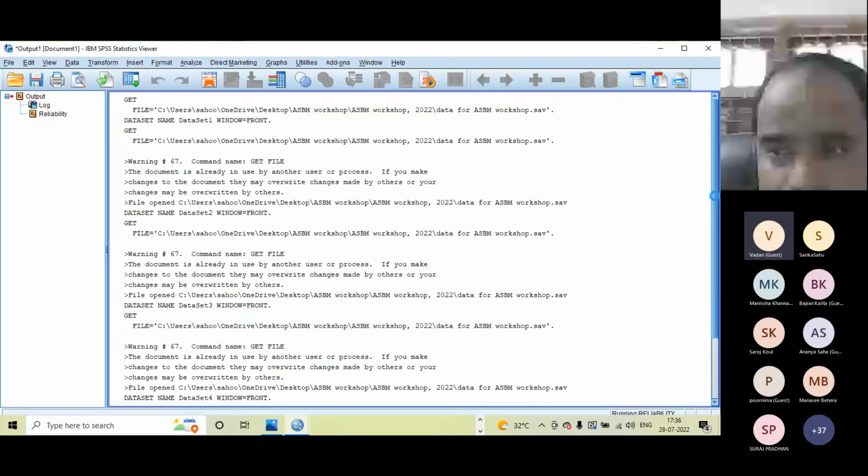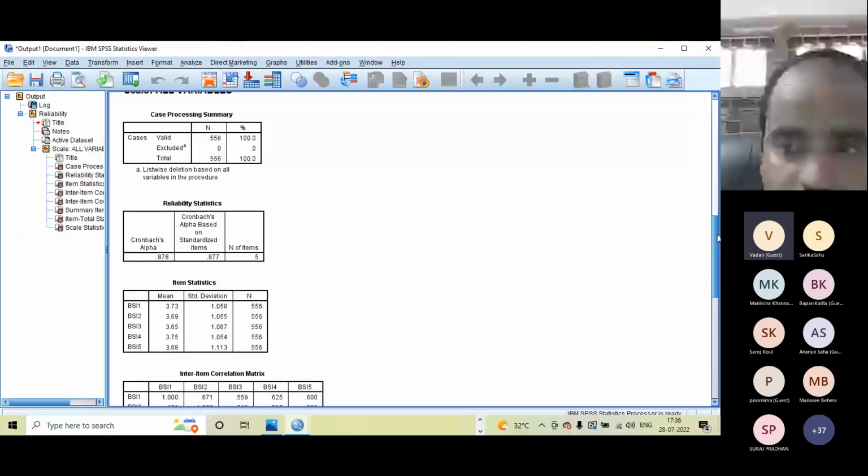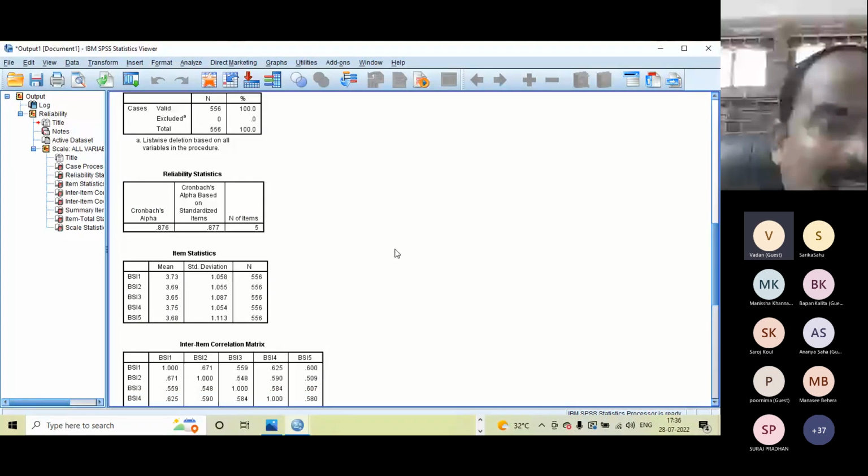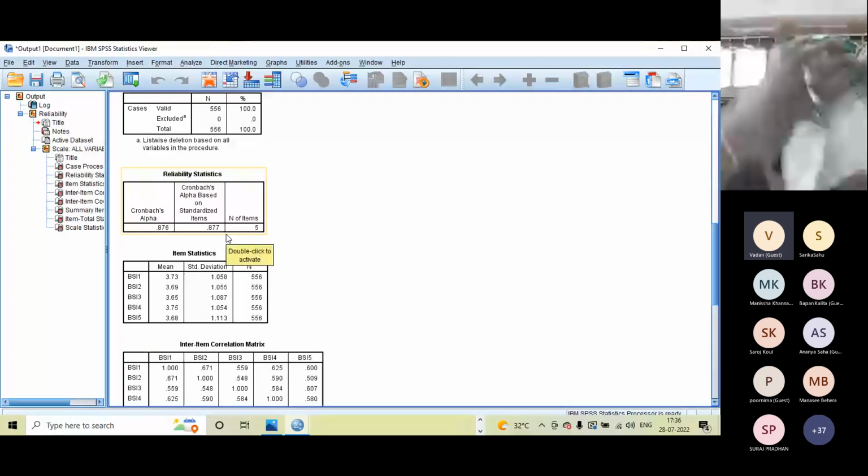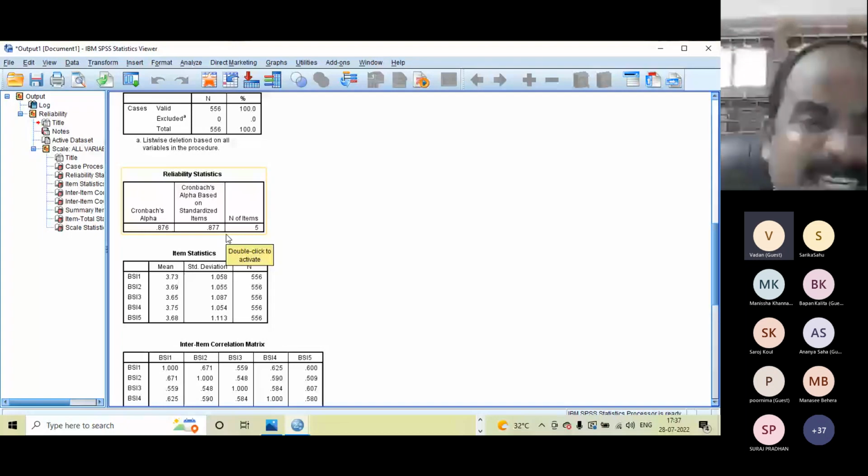Look here. The reliability for the F1 construct is near about 88%. 0.877 means you can say near about 88%, which is satisfactorily above 0.7.